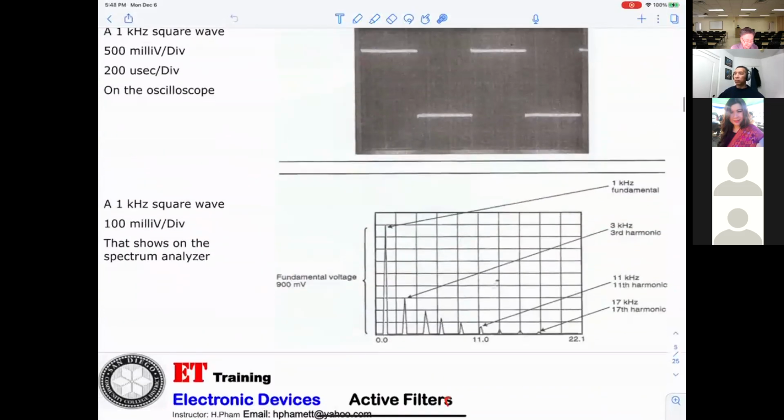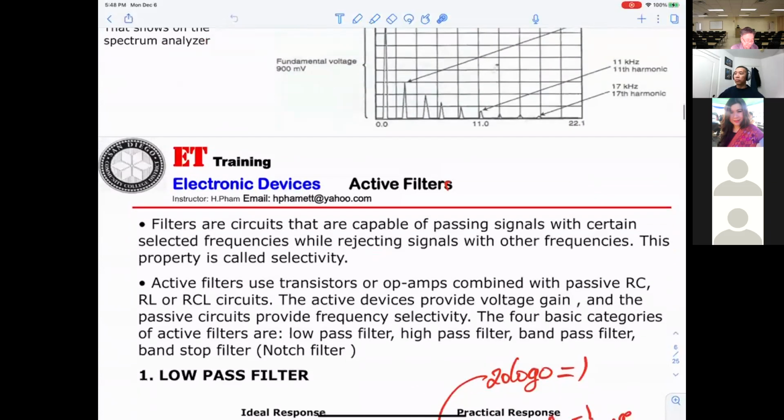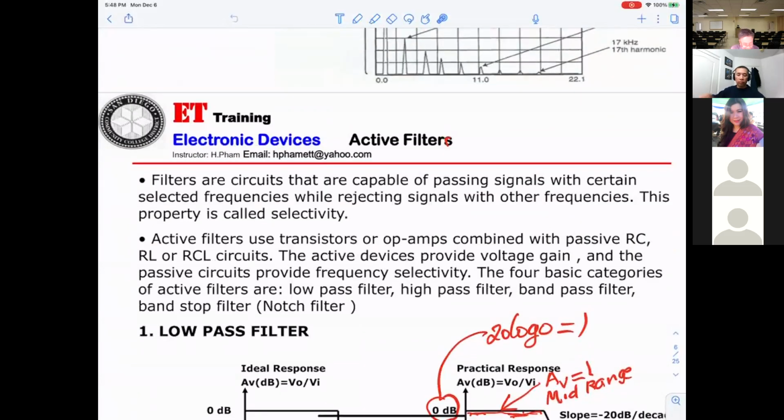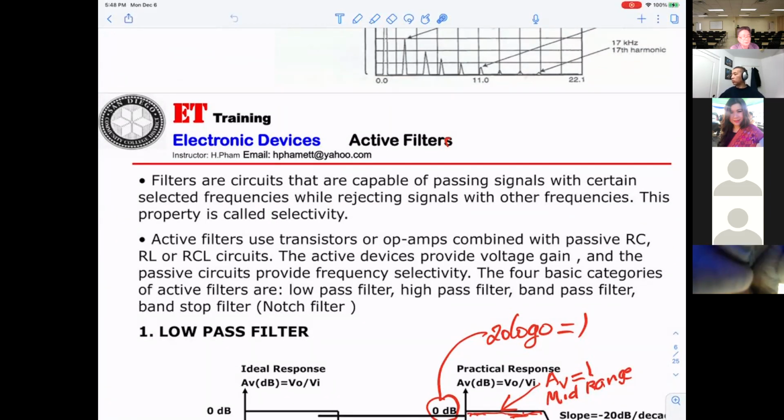Filters are circuits that are capable of passing signals with a certain selected frequency while rejecting signals with the others. So you can see when you get a radio, you can tune to the different channel. That means each one has a different frequency. That's why they need the filter.